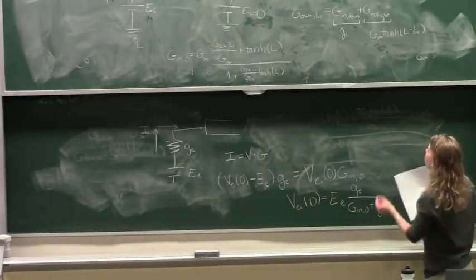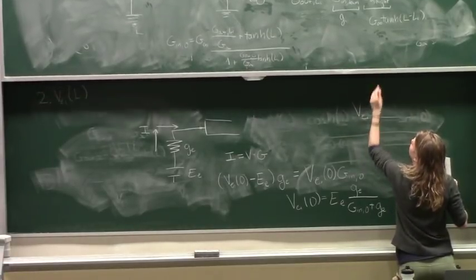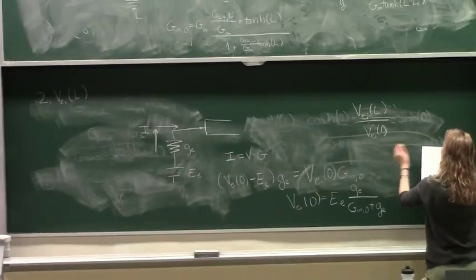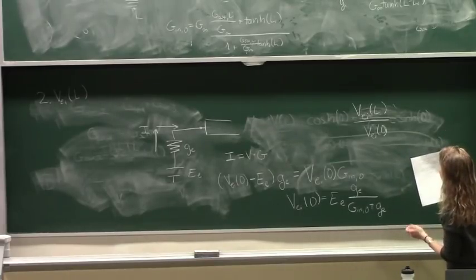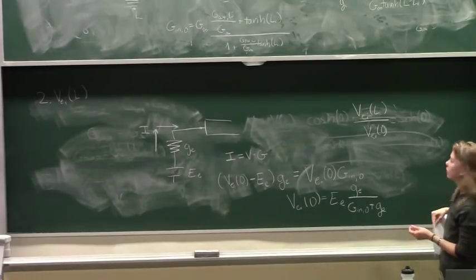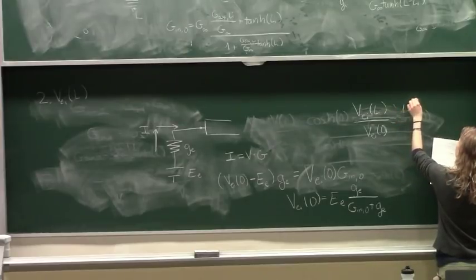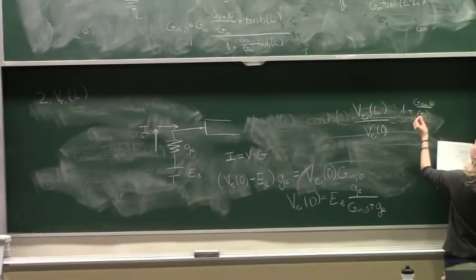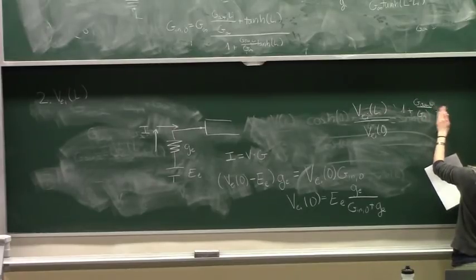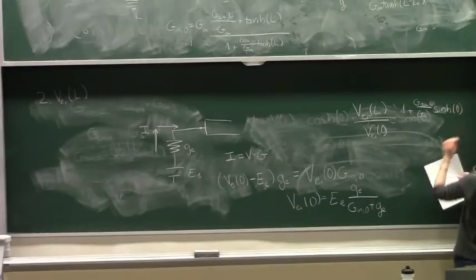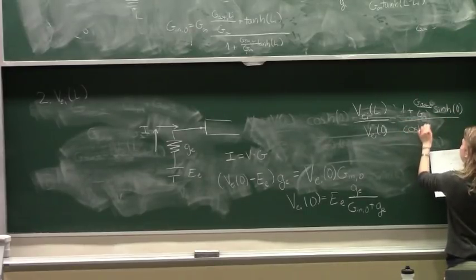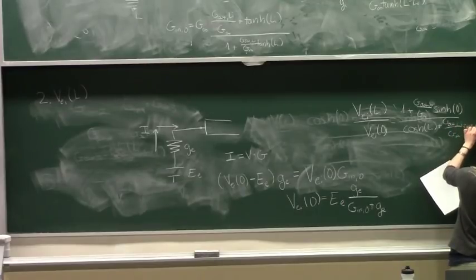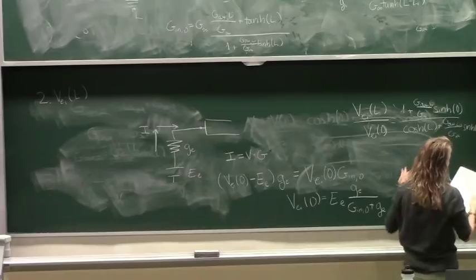So that's VEI at point Li over VEI at point 0 is equal to hyperbolic cosine of Li minus Li, which is hyperbolic cosine of 0, which is just 1, plus G out Li over G infinity, times hyperbolic sine of Li minus Li, which is 0, over hyperbolic cosine of Li plus G out Li over G infinity times hyperbolic sine of Li. So that's just plugging in the formula.